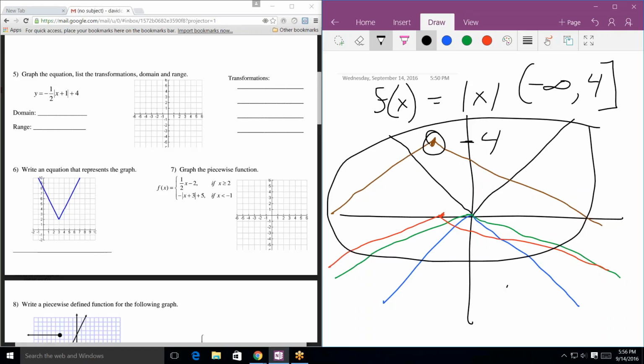Now, the interval notation for the domain was negative infinity to positive infinity, and infinities always have parentheses, never brackets. The difference between the bracket and the parentheses is whether it can be at that value or not. In other words, if we look at this function, 4 is allowable. So it's a bracket.